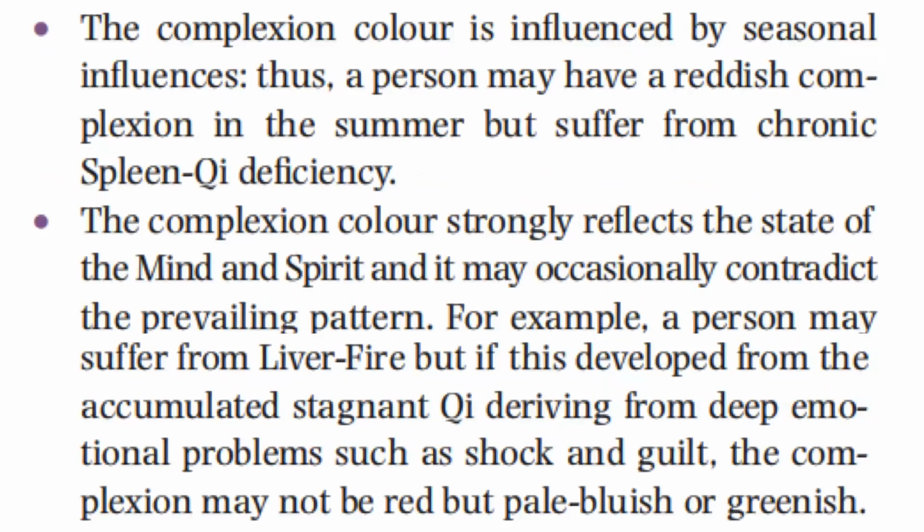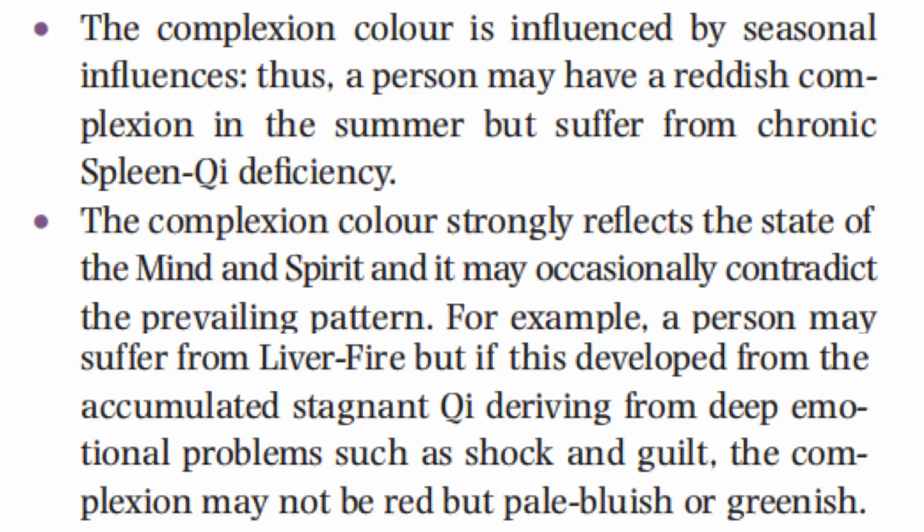Second, the complexion color is influenced by seasonal influences. Thus, a person may have a reddish complexion in the summer but suffer from chronic spleen Qi deficiency. Third, the complexion color strongly reflects the state of the mind and spirit, and it may occasionally contradict the prevailing pattern.